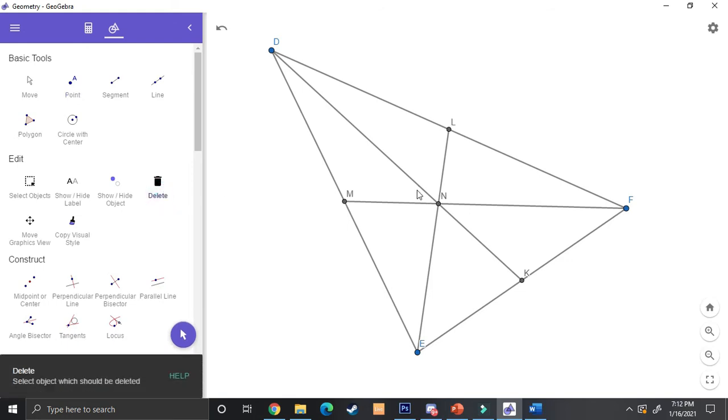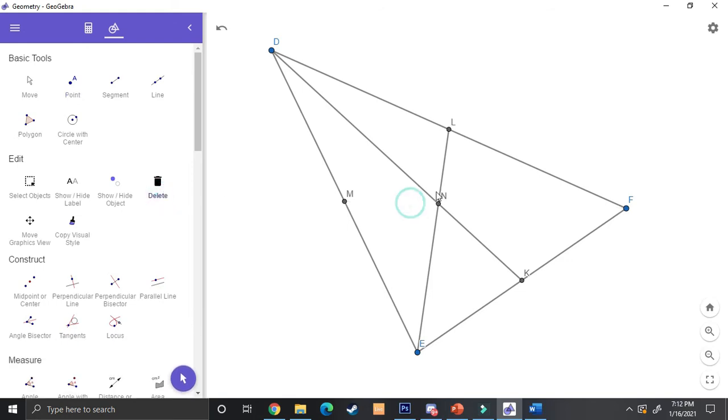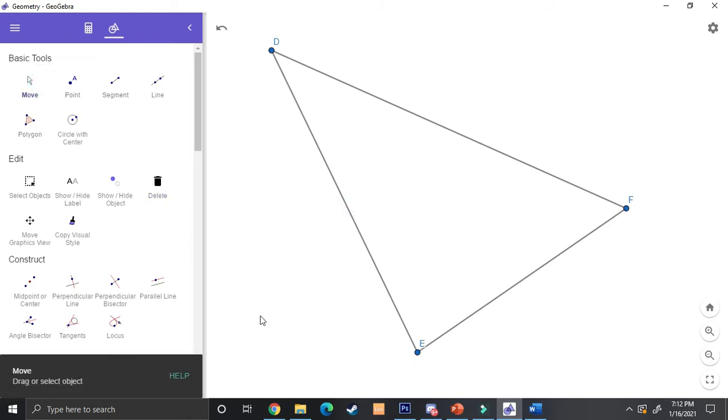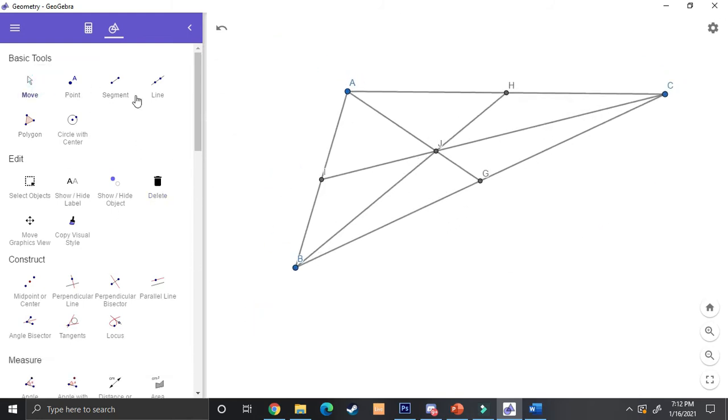Okay, let's proceed with the angle bisector. Let me just delete all of these so that we could show the special properties of angle bisectors in a triangle.